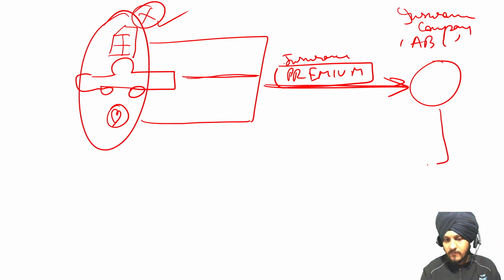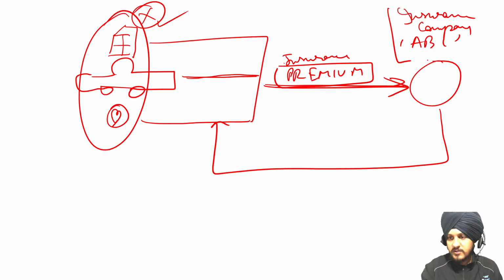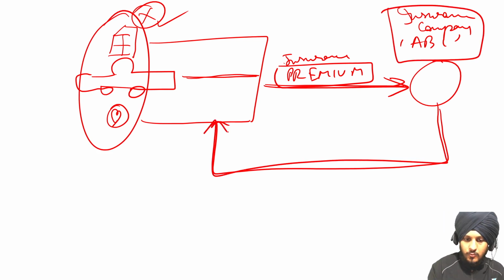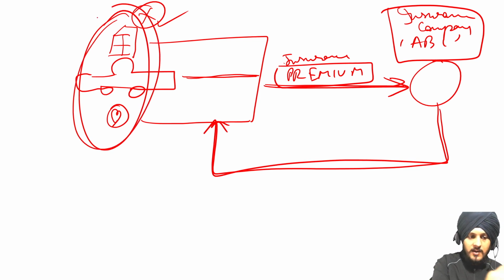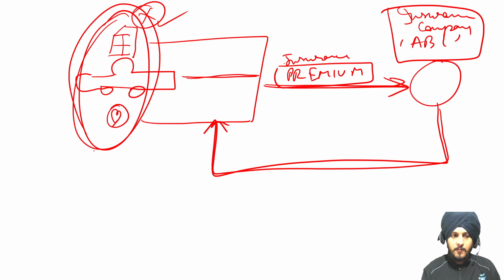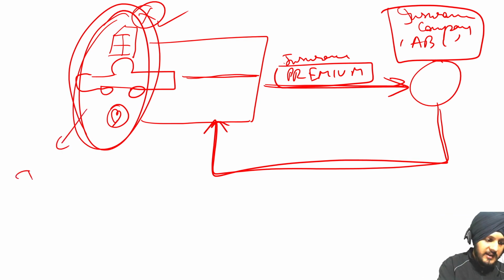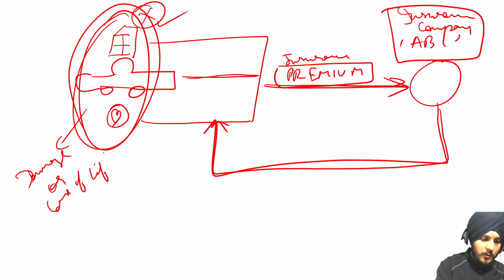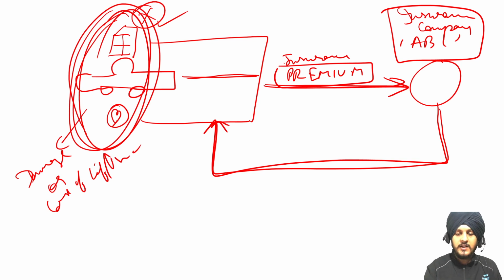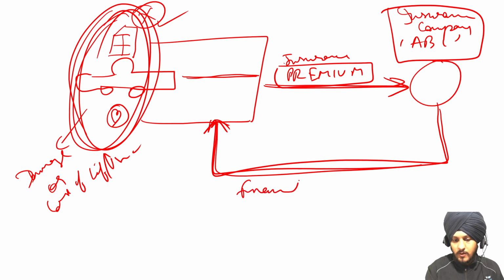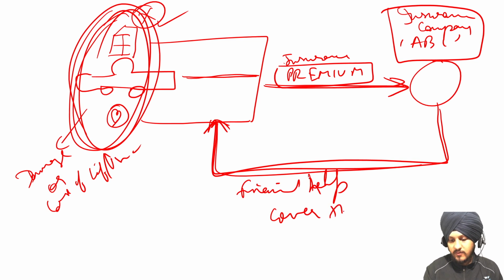And in return, this insurance company is going to give you assurance that if at any point of time a certain event happens that leads to the damage or the loss of life or property with respect to the commodities or the things that you have insured, this insurance company is going to provide you financial help in order to cover these losses.